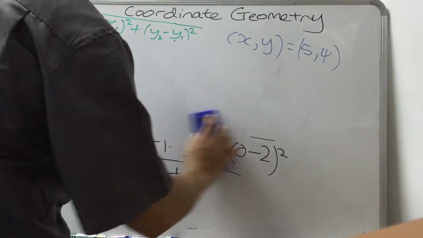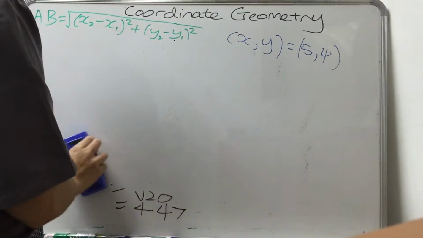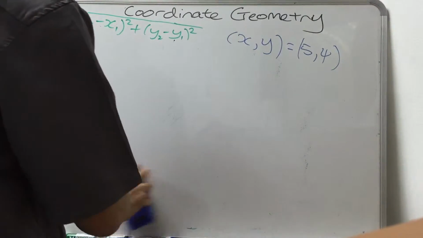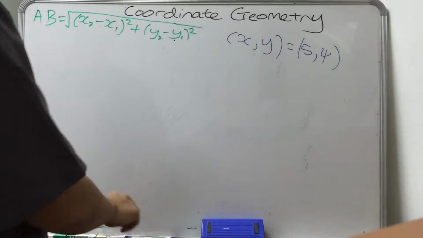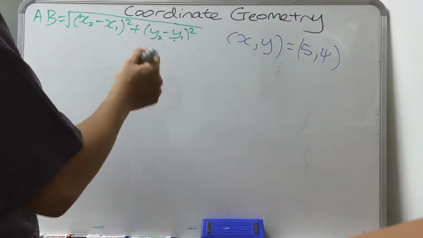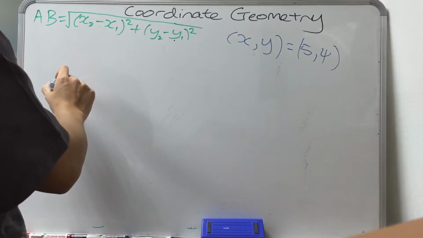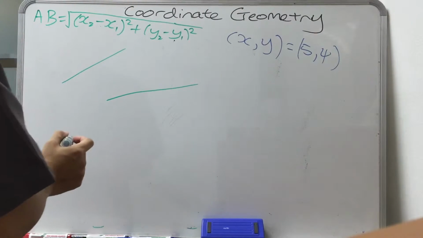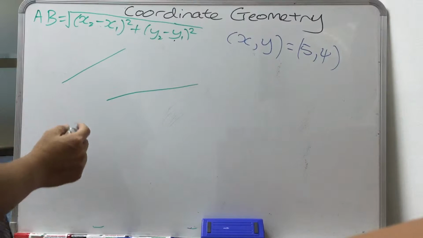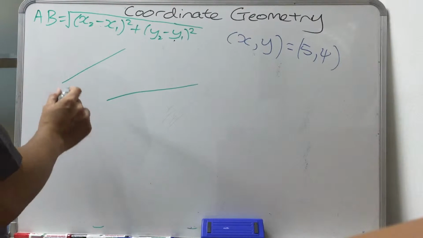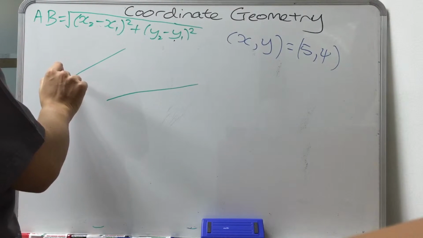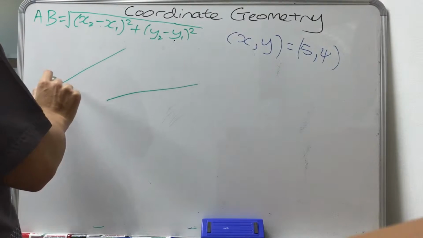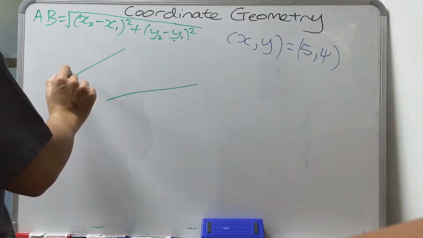The next topic for coordinate geometry is finding how much your line is sloping. Let's say you see a hill like this and a hill like this. Which has a greater slope? Which is steeper? Which is harder to climb? This one, right? This is because it has a higher gradient.